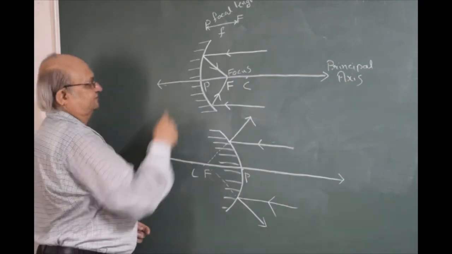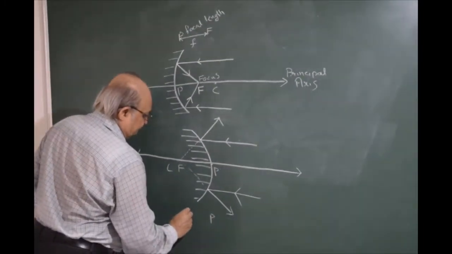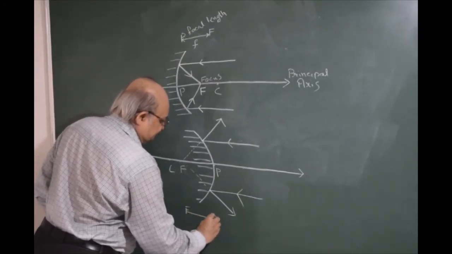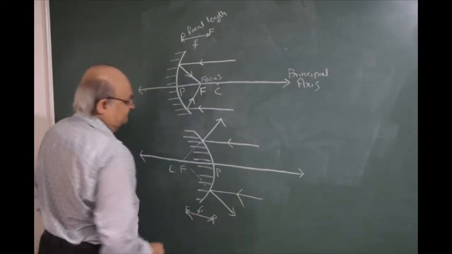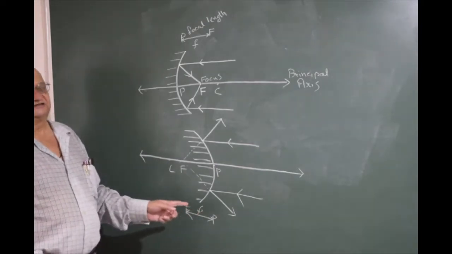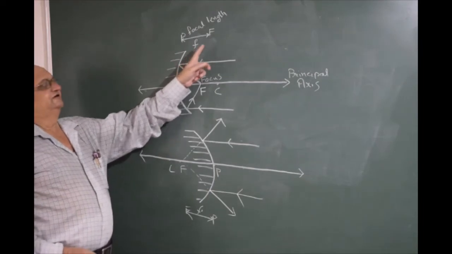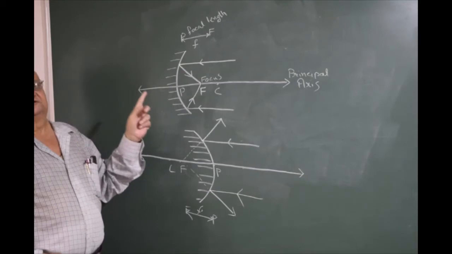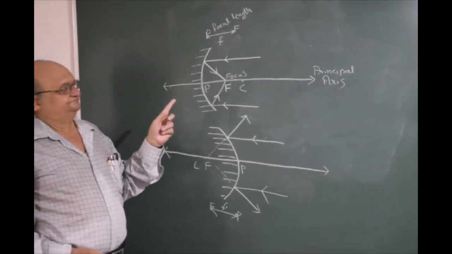Whether it is concave or convex, the definition remains the same. All you have to remember is that focal length, the distance, is denoted by small f, whereas capital F denotes a point on the principal axis.